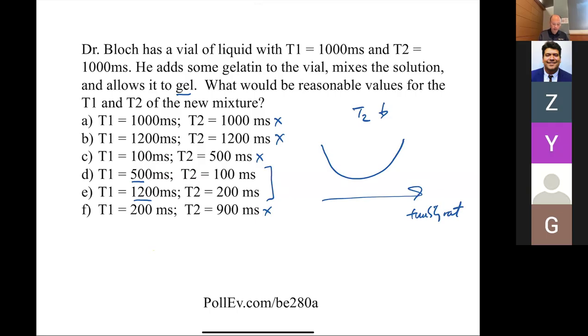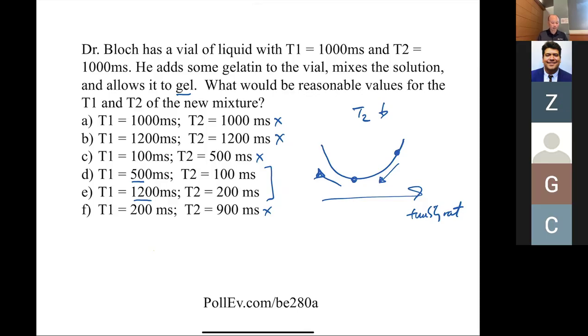We know the tumbling rate went down, right? So if we were here, we could end up going this way, right? Okay. But if for some reason we'd been up here, maybe it could have gone down as well, right? So without more information, it's hard to say.